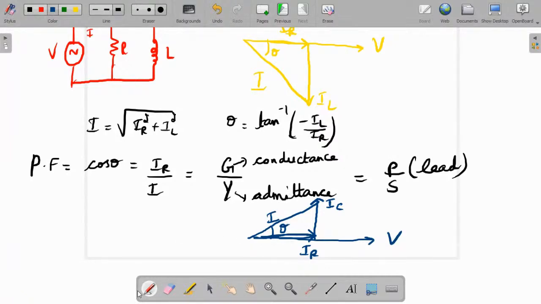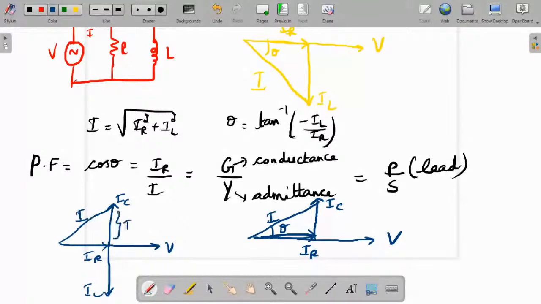So how will the RLC circuit look? In the RLC circuit, again with reference to voltage, the capacitive current will be leading. Here the inductive current is lagging. The resistor current IR is here. If you are finding the resultant, it will be the total current I, and this will be the difference IC minus IL.